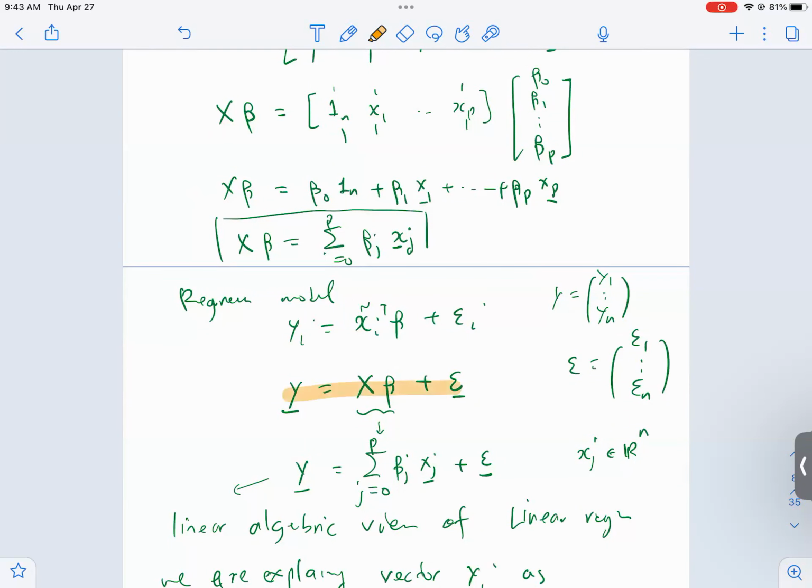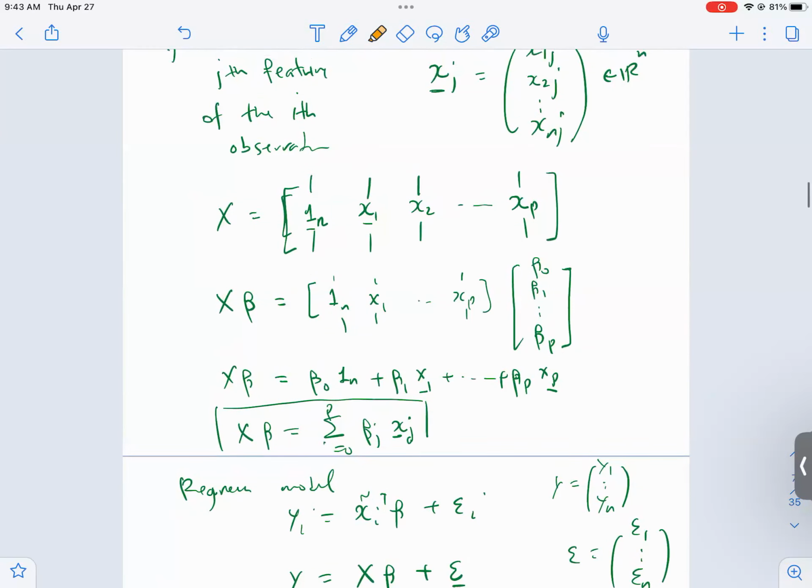Okay, so this is what we did last time. And then this expands because when you multiply this x by beta, one way of multiplication is to take the linear combination of the columns of x, okay, with coefficient beta. So if you don't recall, review the things that we talked about in lecture 2 probably, about column space of a matrix.